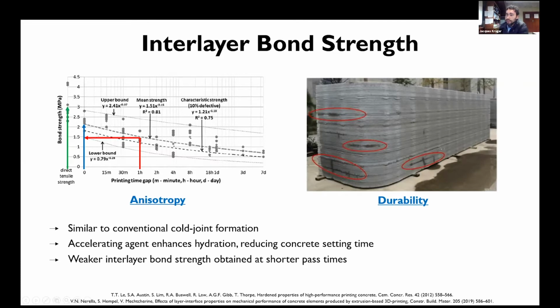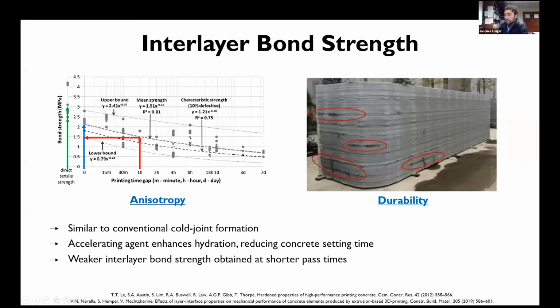If you can keep that close to 0, the tensile strength reduces to about 2.2 MPa. That's already quite a lot less, and this is all just due to the interlayer. And if you wait 1 hour between deposition, it reduces to 1.5 MPa, so that's half of the cast specimen's tensile strength.